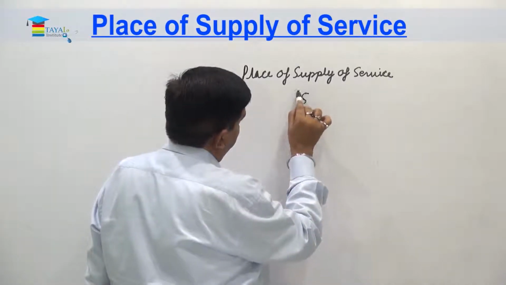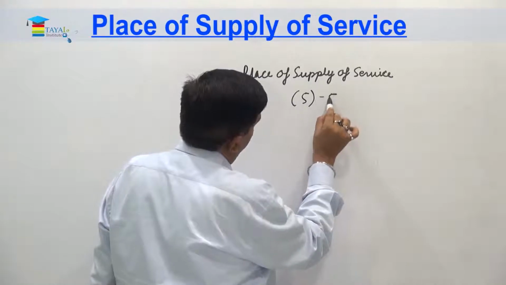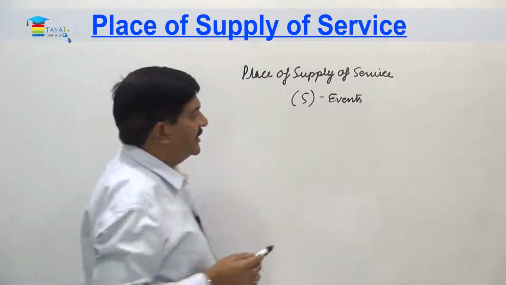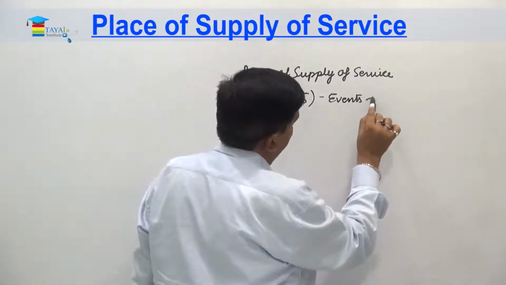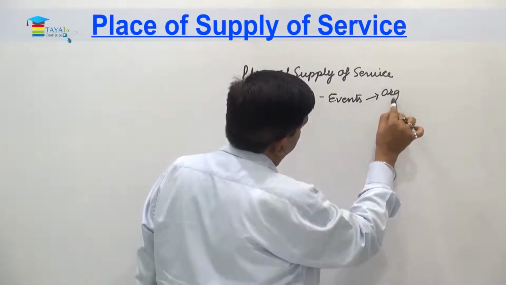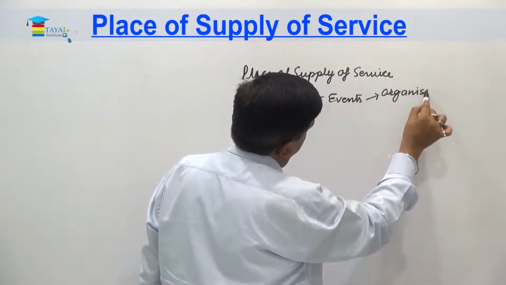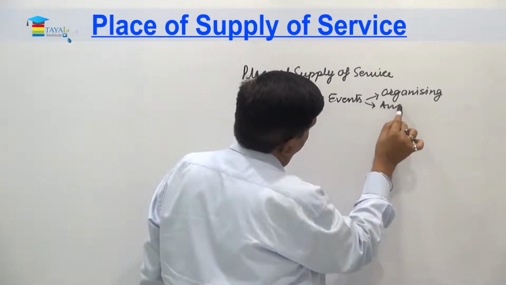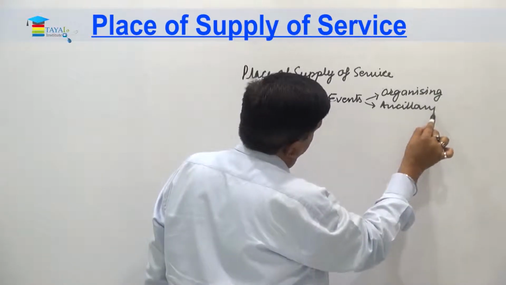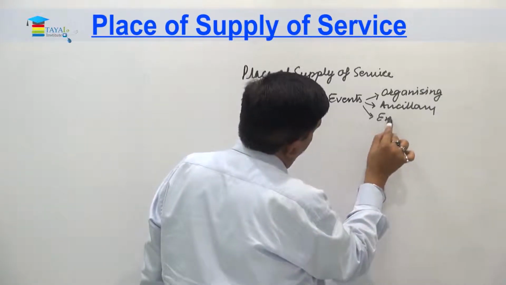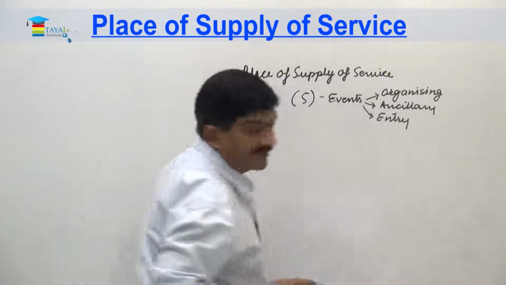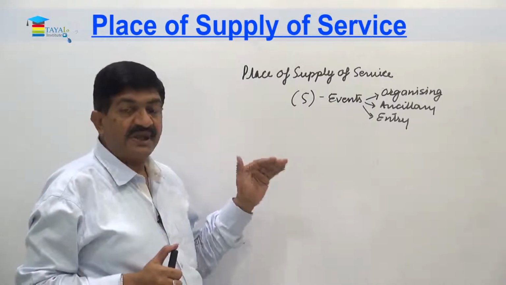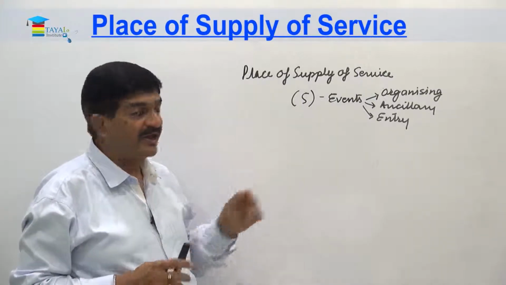Subsection 5, this is relating to events. And in the event, the mainly things covered are organizing, then ancillary services, as well as entry into the events. All are clubbed together. Services of organizing the event, or services ancillary to organizing the event, or entry.